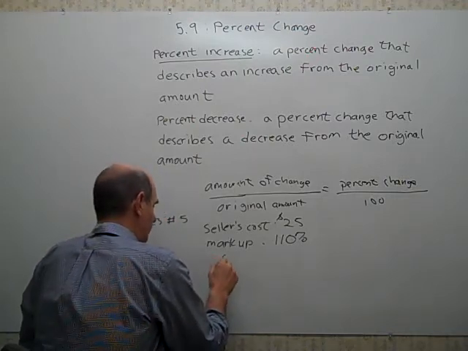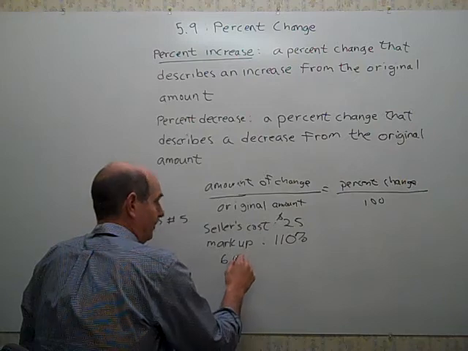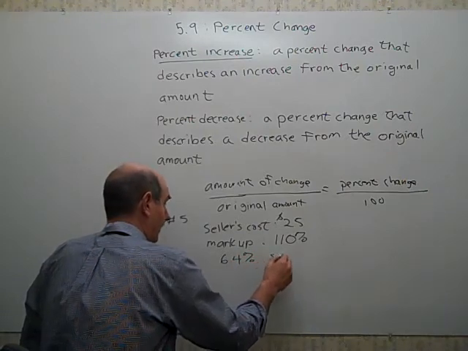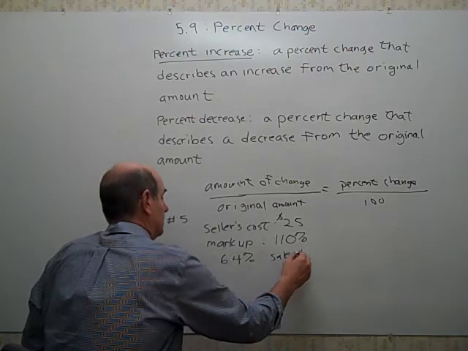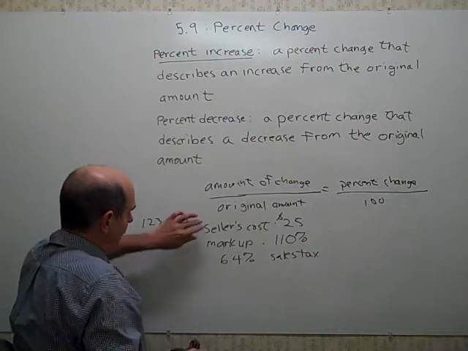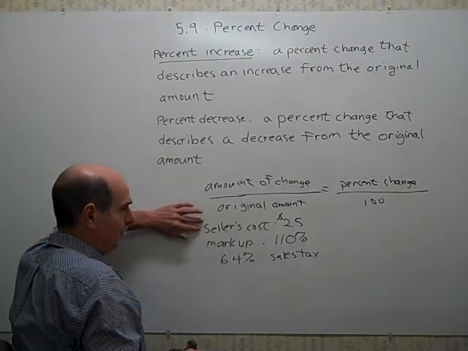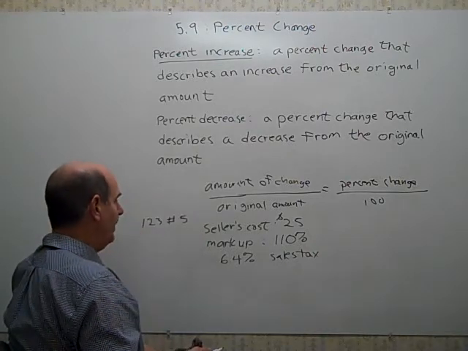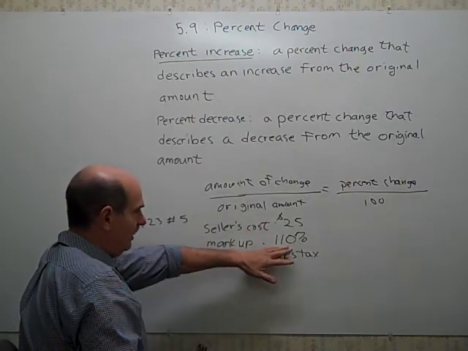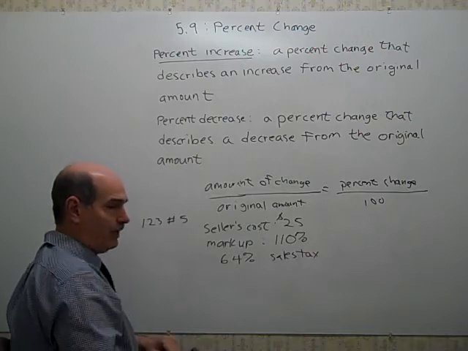Then, when the person buys this product from him, there's a 6.4% sales tax. And the question would be, how much does the customer pay after they paid the added-on 110% and the 6.4% sales tax?